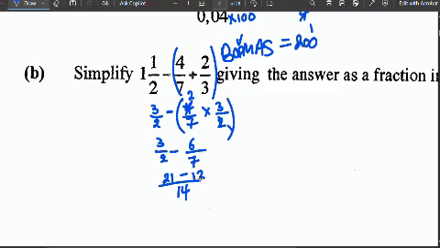Then we subtract 21 minus 12. So it's going to give us 9. So that's 9 over 14. All right, that was B.